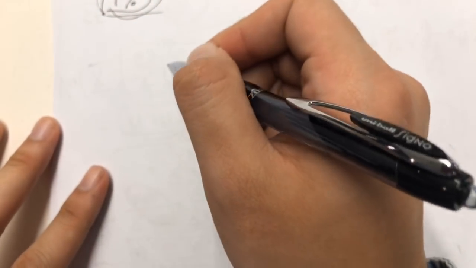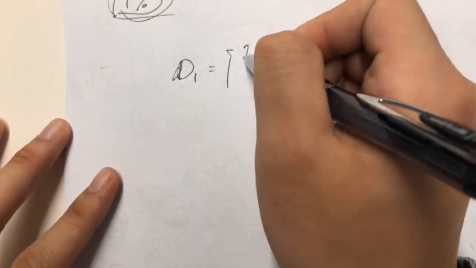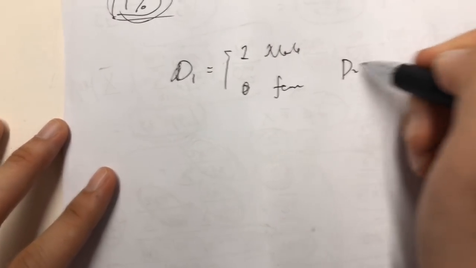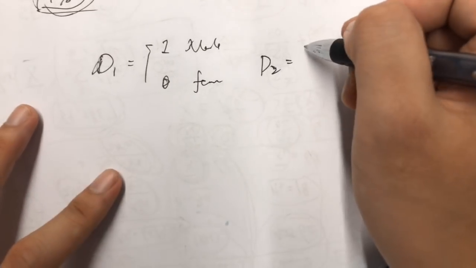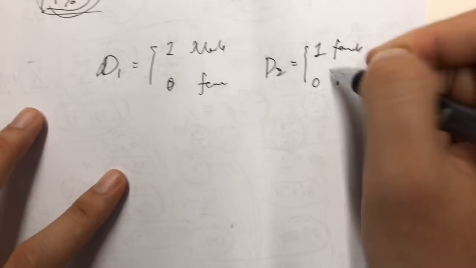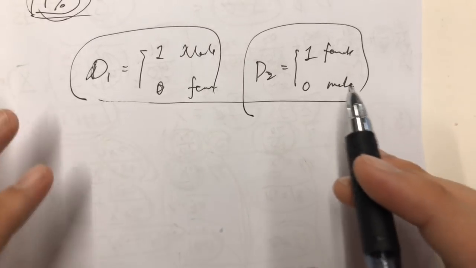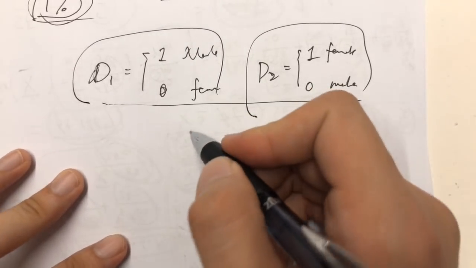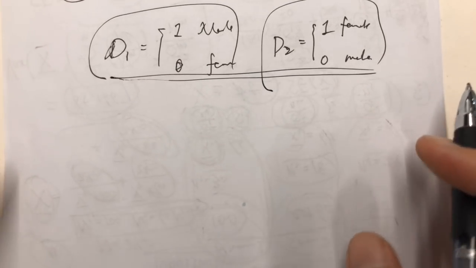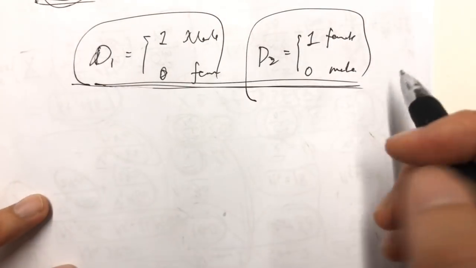For example, if you include in your model a male dummy variable, D1, as 1 equal to male, 0 for female, and then you have another one, 1 for female and 0 for male, then those two dummy variables are perfectly linearly correlated, and this is called the dummy variable trap. So this one is obvious, but I guess there should be other traps that are not that obvious.